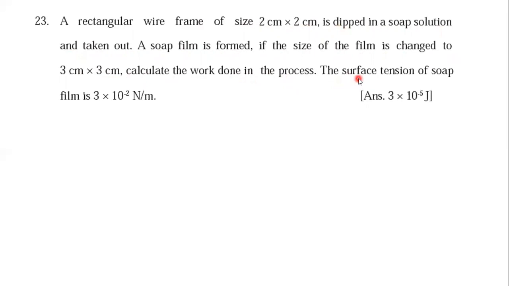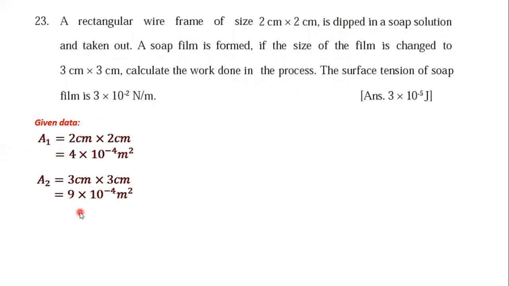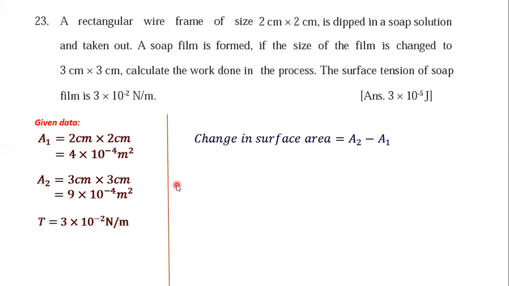Surface tension of the soap film is 3 into 10 raised to minus 2 Newton per meter. So given here, area 1, area 2, surface tension is given. Change in area is area 2 minus area 1. So here we have to take the subtraction of these two. So it is coming 5 into 10 raised to minus 4.